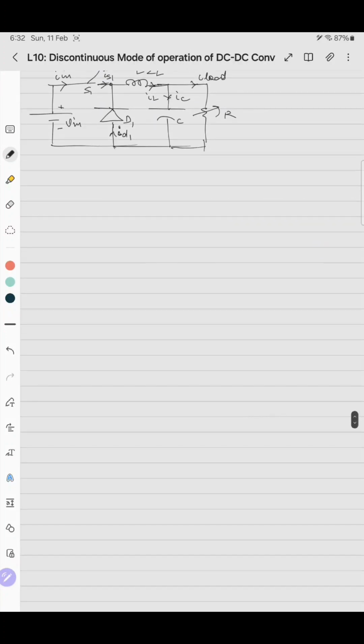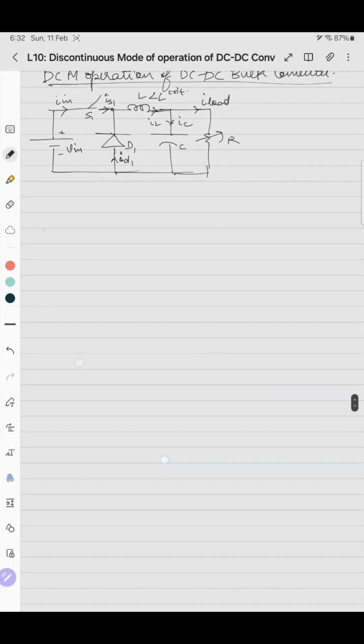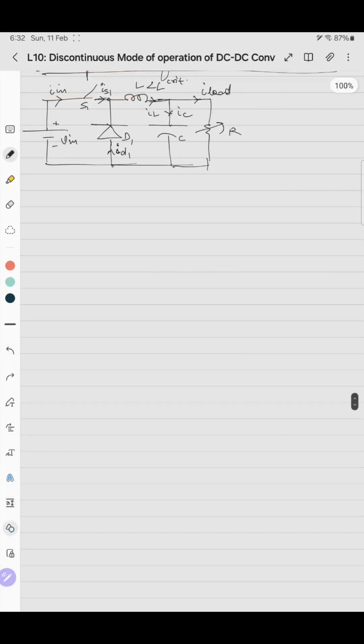So let's draw the waveforms for this converter. We'll start with the gate pulses. I'll draw only two cycles.